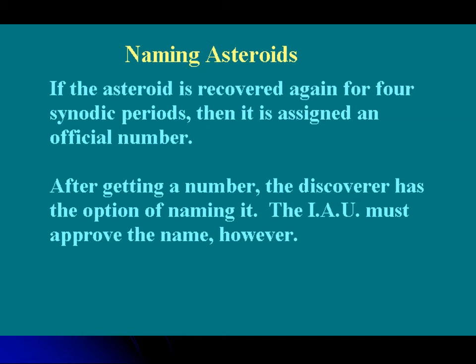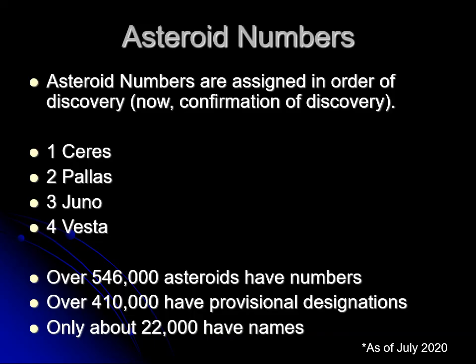Once it gets that number, it still has that provisional designation unless the discoverer decides to submit a name. Now, sometimes the IAU just goes out and names them, but very rarely do they do that. Usually they ask the discoverer, would you prefer to name it something? So that's how they get their names.